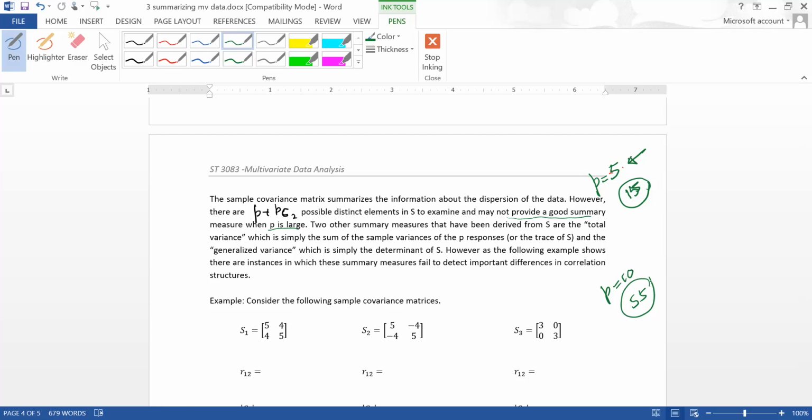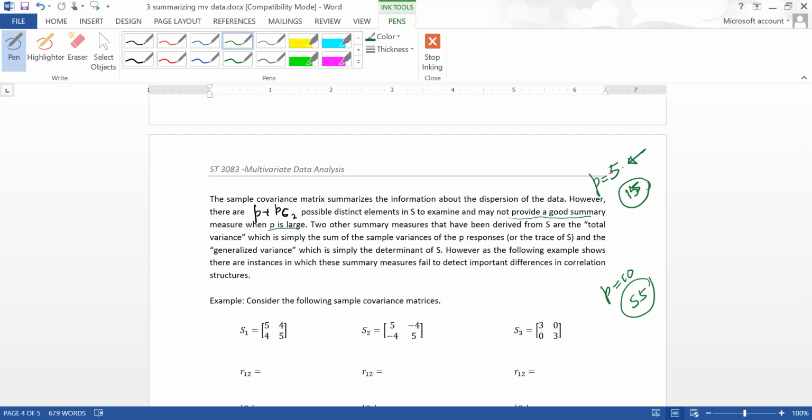In univariate cases, 55 would be the number of observations you have. We always try to summarize to get a better idea of the data. If we have a large number of summary measures, then it's not going to help us that much. So that's what this explains: it may not provide a good summary measure when p is large.